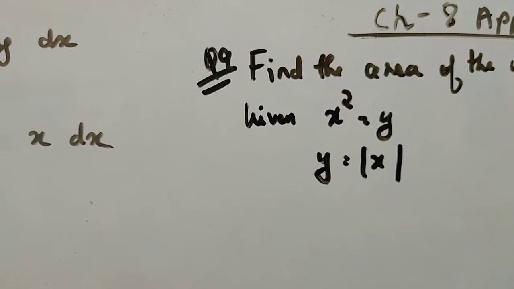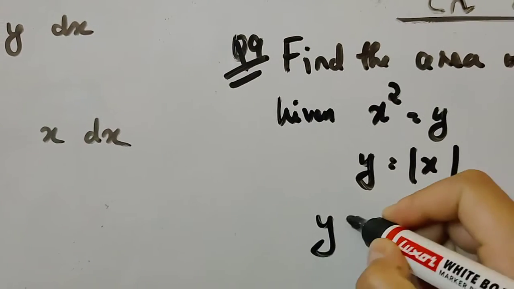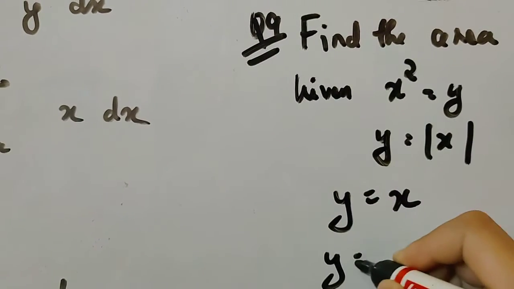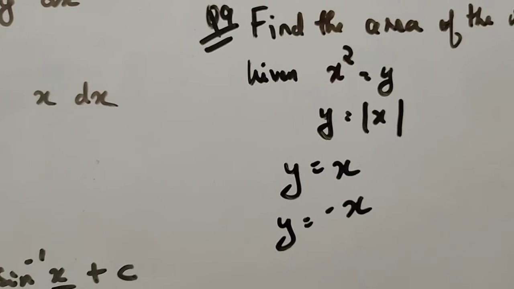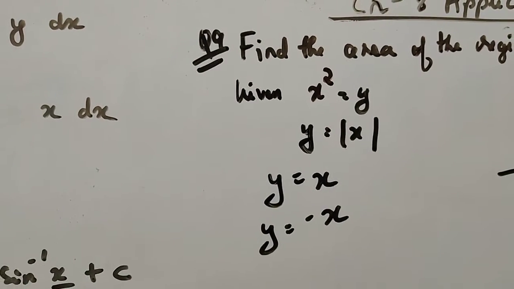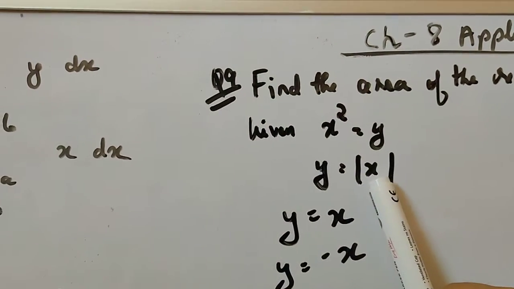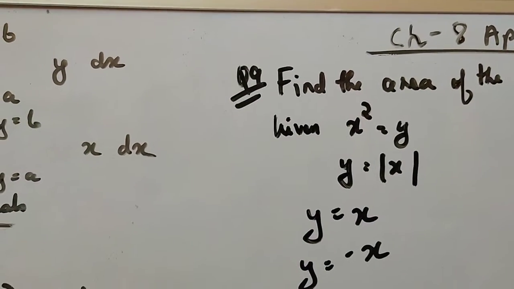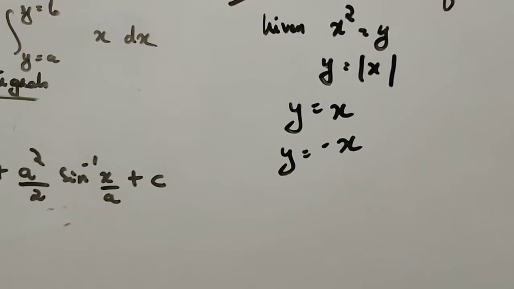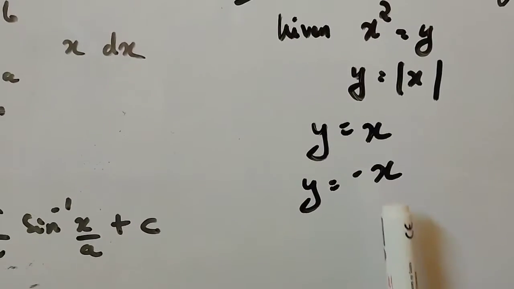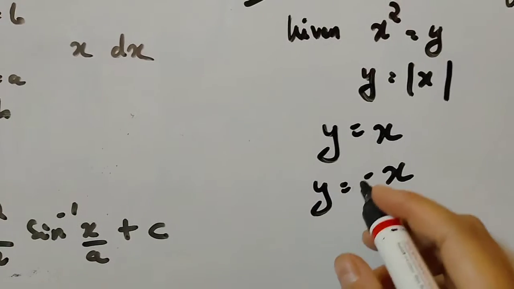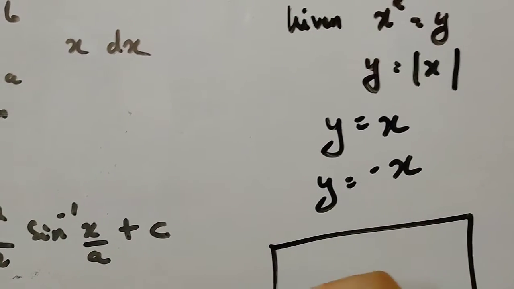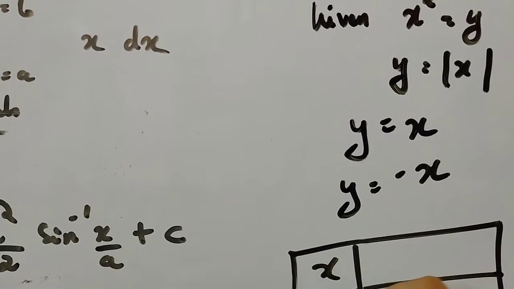Now mod x has two meanings. It can be y is equal to x or y is equal to minus x. Here the value of x may be positive or negative. Now for finding this value, like the previous case, take x and y.